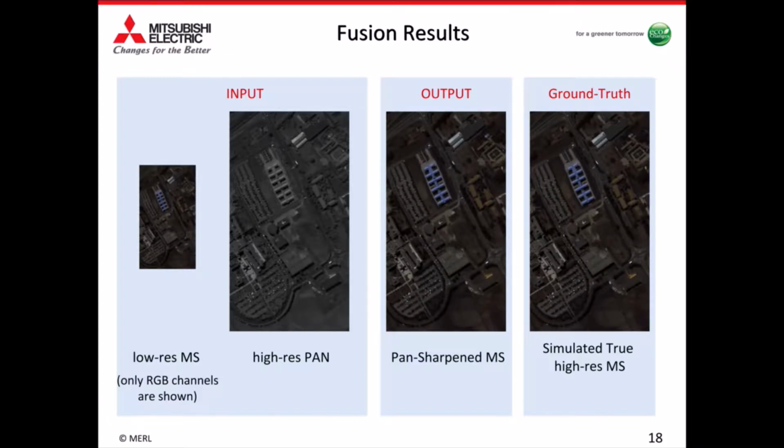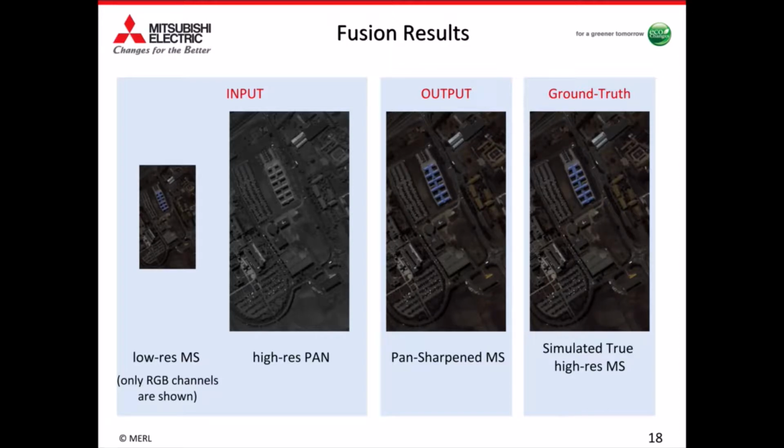Then we generate a low-resolution multispectral image by applying Gaussian blurring and downsampling as the input. By feeding them into our algorithm, we generate the output, which is the super-resolved multispectral image that is supposedly well aligned with the panchromatic image.